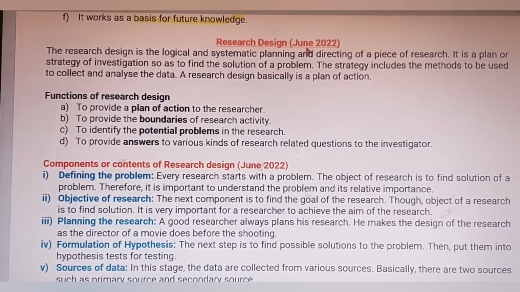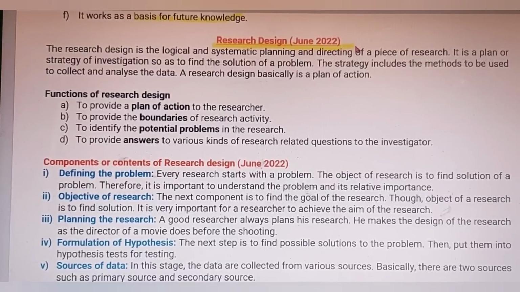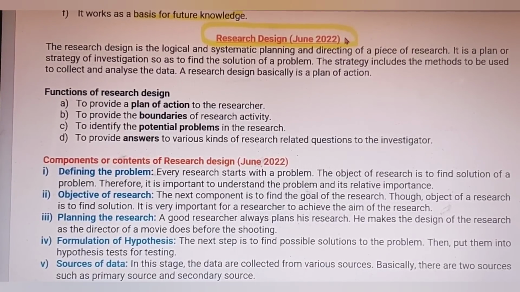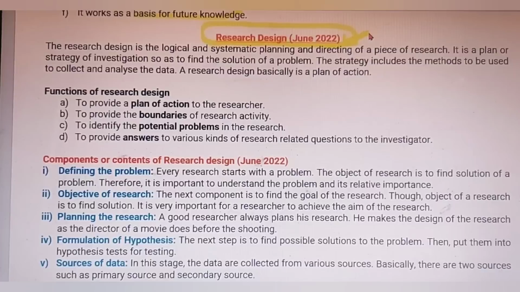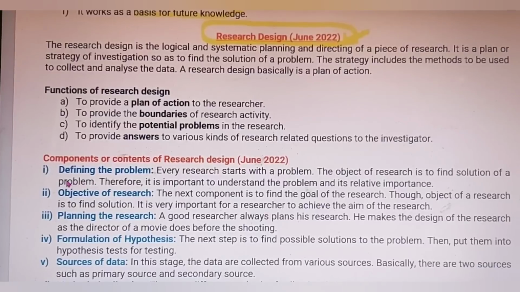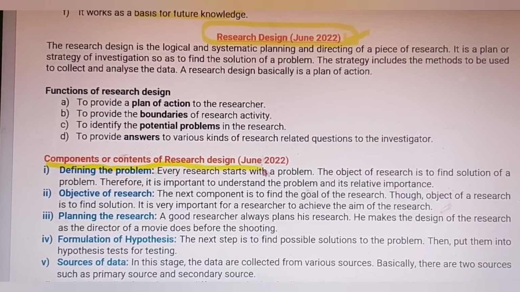The next topic is also a very important, very common topic, and this is research design. Now this question also came in June 2022 exams, and on research design there were a lot of questions. Like the next topic, components and contents of the research design.